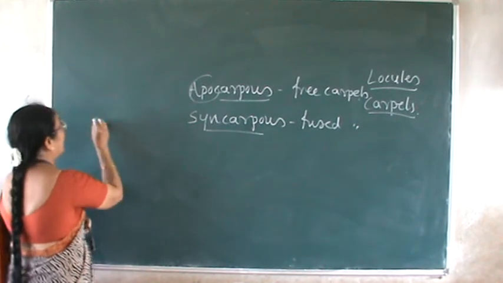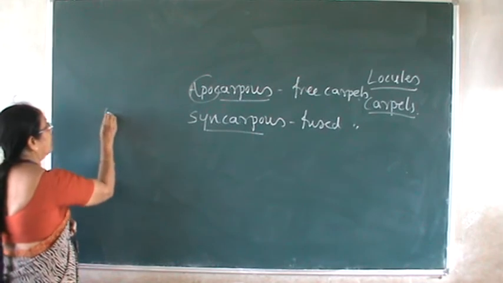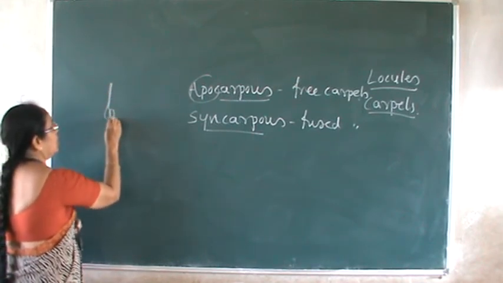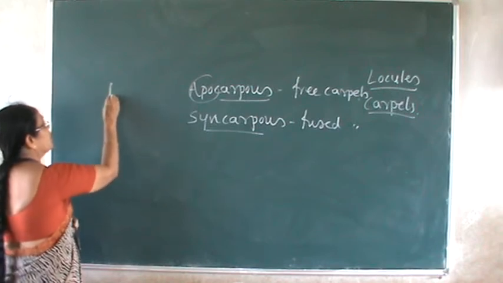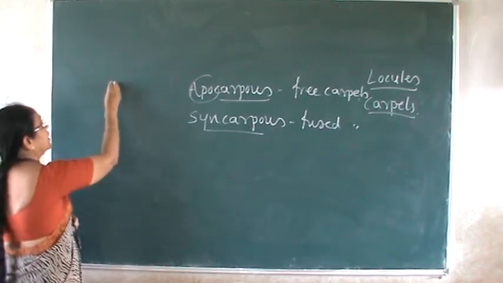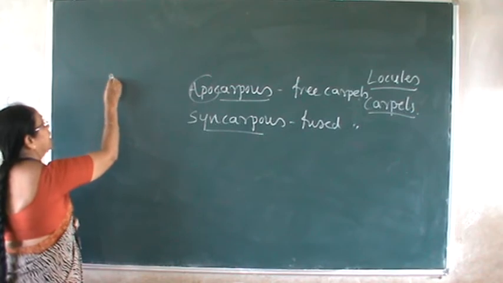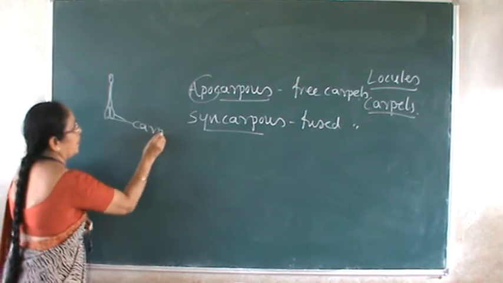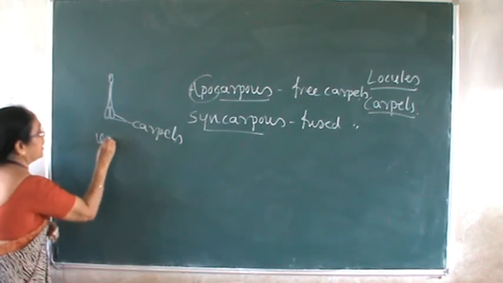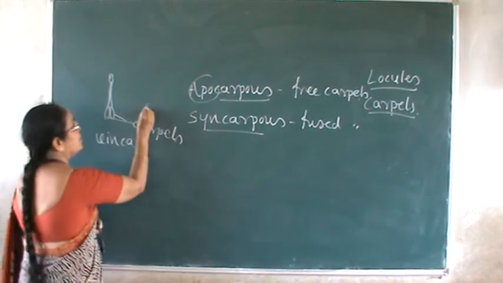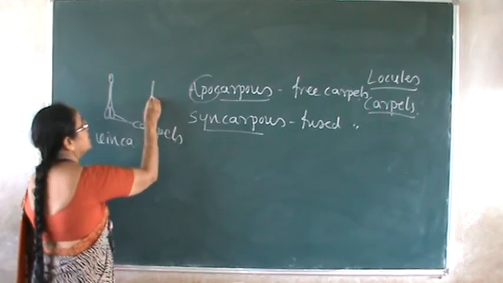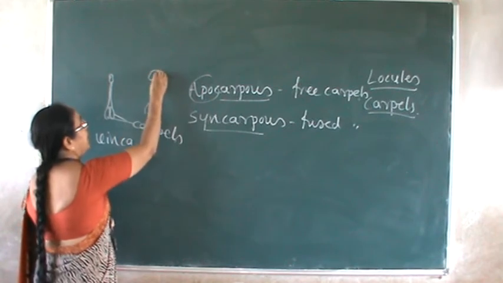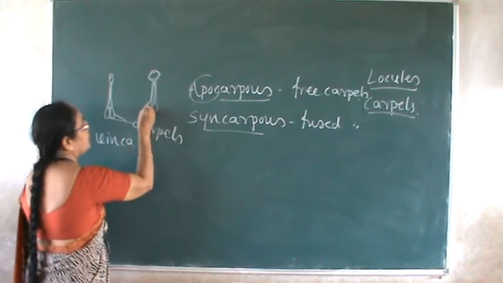Suppose for the apocarpous condition, I will draw the ovary of Vinca rosea. It has 2 carpels which are completely free, but the style is one and the stigma is on the top. These are the 2 carpels, and this is found in the case of Vinca. A similar condition is observed in Calotropis, where we get two separate styles, but a pentagonal stigmatic disc on the top.